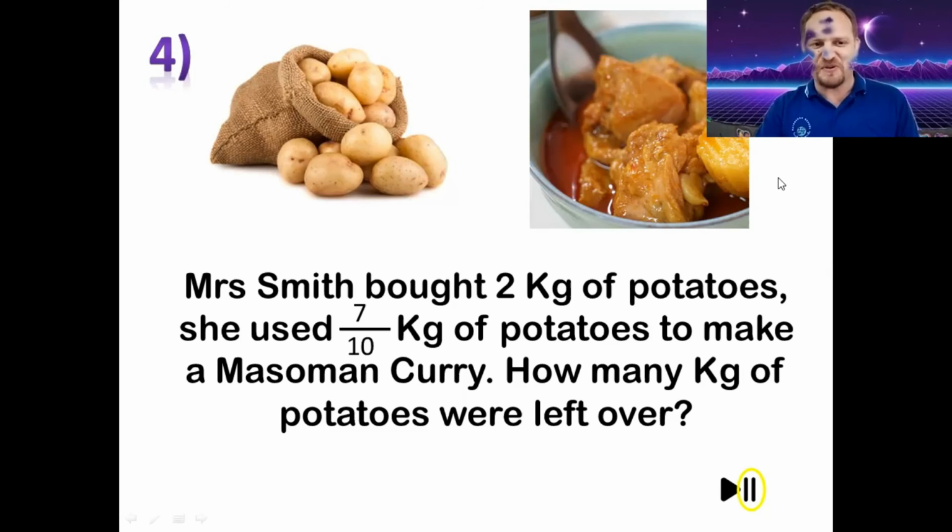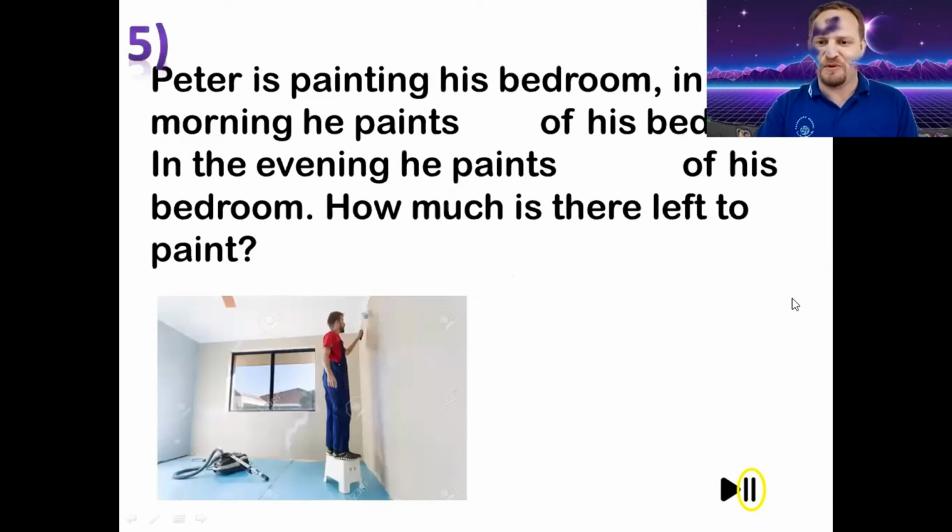And final bonus question today. Move my head out the way. Number 5, it says Peter is painting his bedroom. In the morning, he paints 1/6 of his bedroom. In the evening, he paints 3/12 of his bedroom.